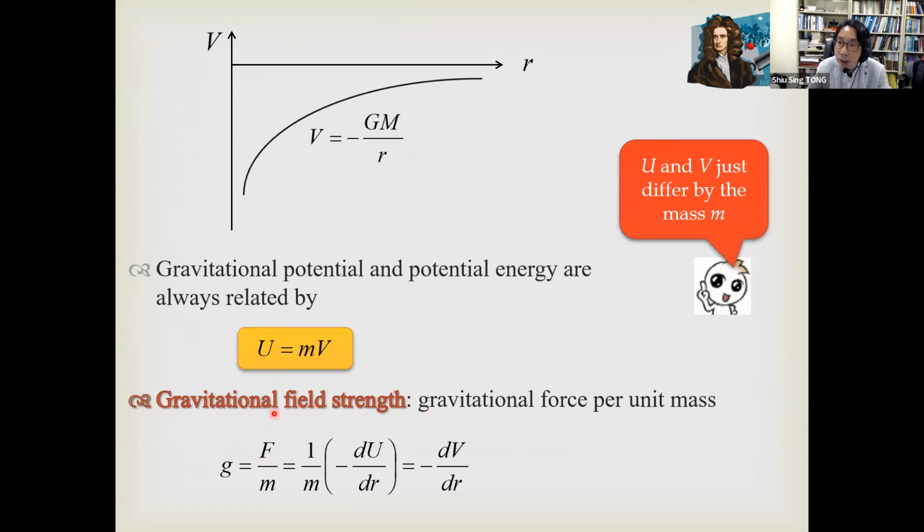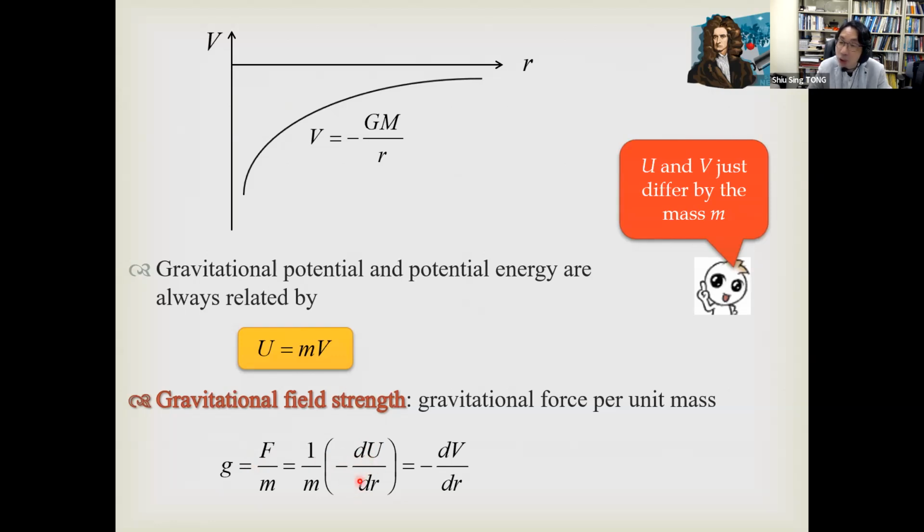Now we can define another quantity, which we call the gravitational field strength. The gravitational field strength is the gravitational force per unit mass, so it's F divided by m. I denote this gravitational field strength by the symbol g. But I know that the gravitational force can be written as the negative spatial derivative of the potential energy, minus dU dr. This we learned in chapter 5.